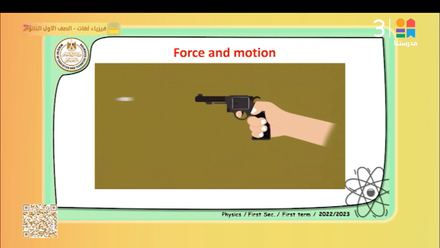If you play with a gun, when you shoot a bullet, the gun applies a force on the bullet to make it shoot out from the gun. At the same time, the bullet during its exit from the gun applies a force on the gun itself.